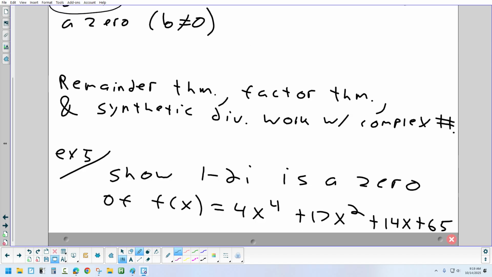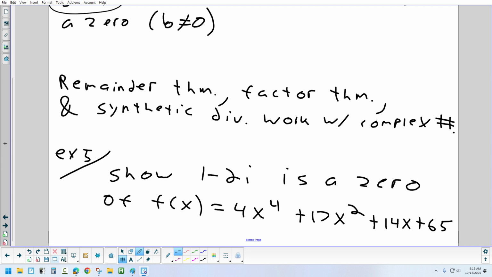Okay, so let's look at this one. They want us to show that 1 minus 2i is a root. Now, one way to do it, if you want to show that a number is a root, that means you can plug it in for the letter. And what would happen when you plug it in for the letter? You get what?